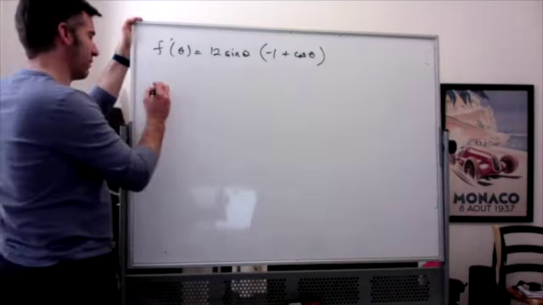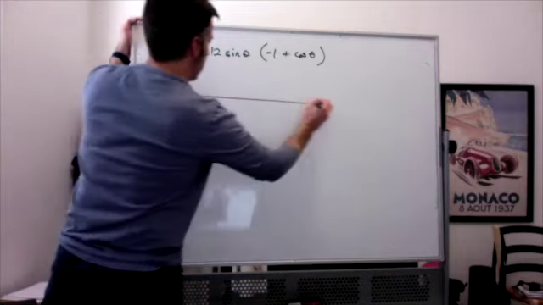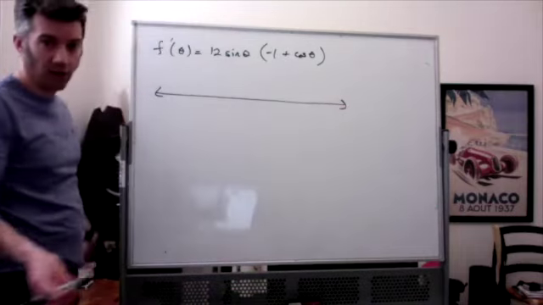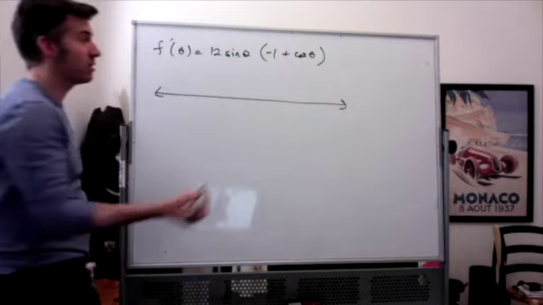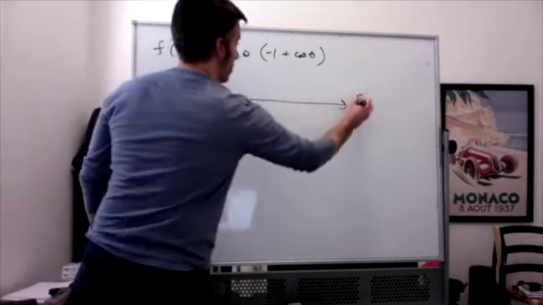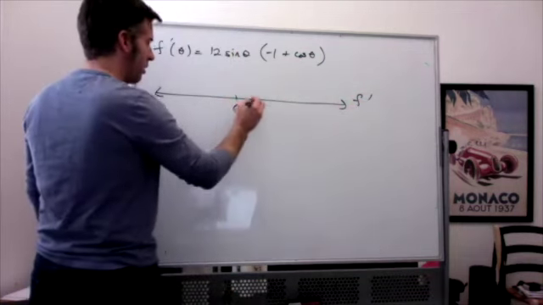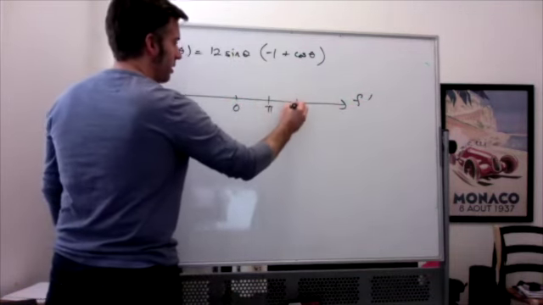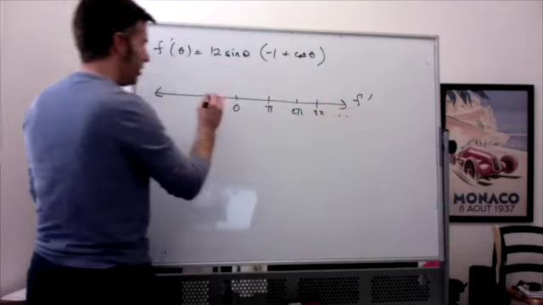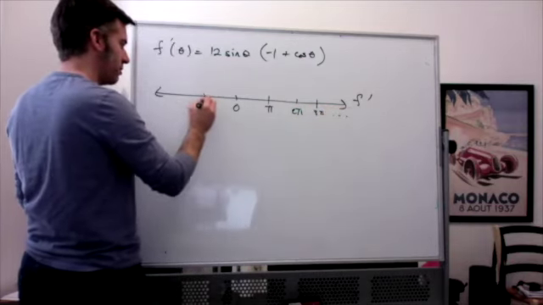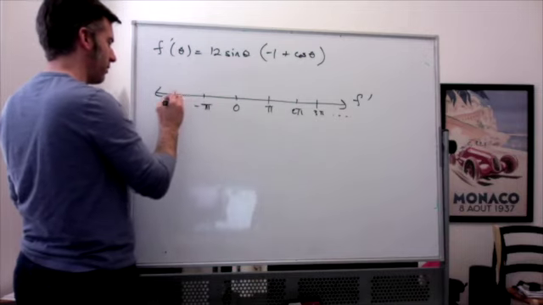I want to use the first derivative test, which is just drawing the number line and putting all my critical values on it. Yes, there are technically an infinite number of critical values here: 0, pi, 2 pi, 3 pi, and it goes on and on, and negative pi, negative 2 pi.